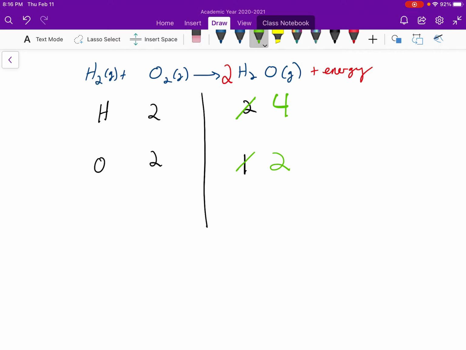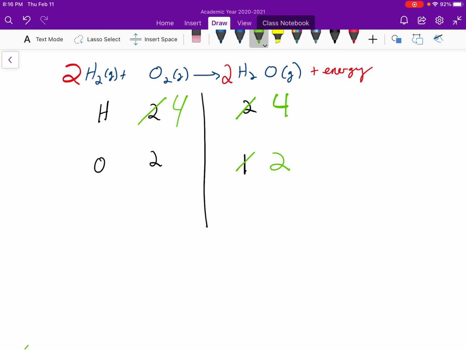Okay? What I can do is put a big 2 out in front. Put a big coefficient. And if I do that, things work out. Right? Now I have the proper amount of things. This is my recipe.